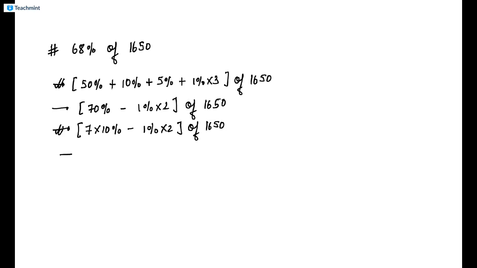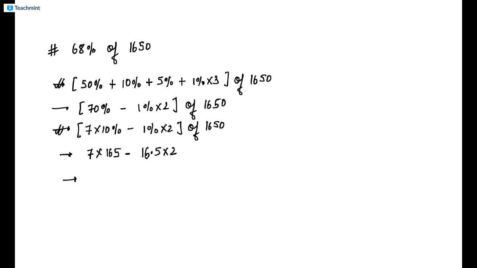So I am comfortable in this way. What is the 10% of 1650? I told you, after one digit put the decimal from the right hand. It is 7 into 165 minus what is the 1%? From the right hand put the decimal after two places, so it is 16.5 multiplied by 2.